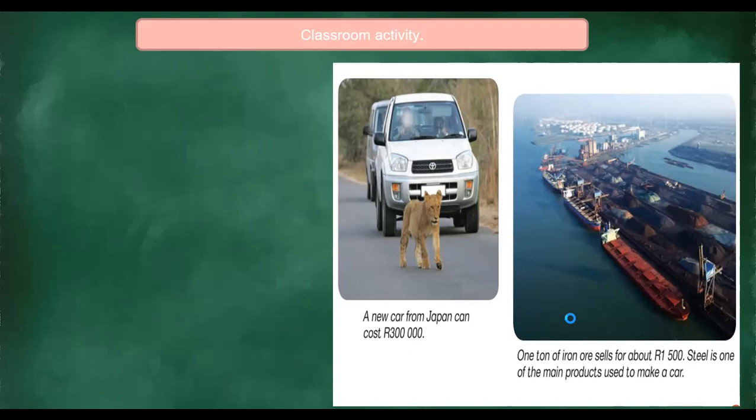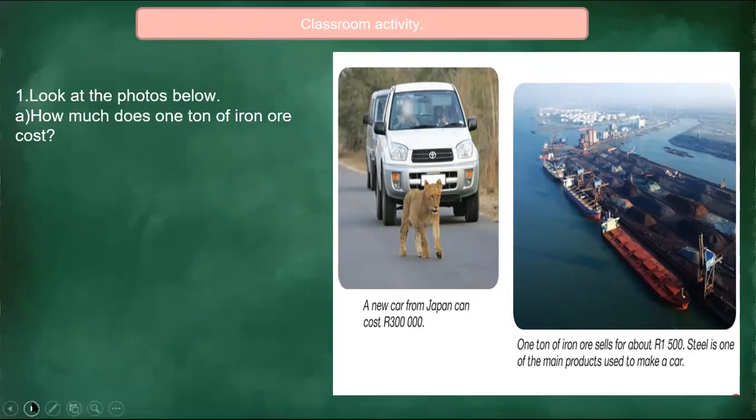Let's answer the following question. Look at the picture below. How much does 1 ton of iron ore cost?